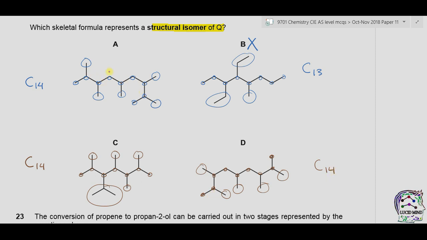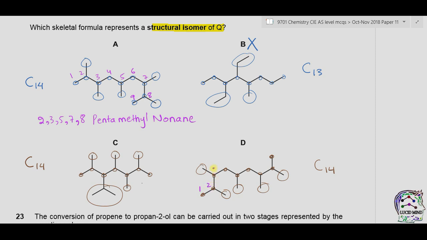Let's find out the name of structure A. We have substituents on the 2nd, 3rd, 5th, 7th and 8th carbon. In total we have 5 methyl groups, so it is pentamethyl. And in the long chain we have 9 carbon atoms, so it is nonane. Similarly for D, we can name this.